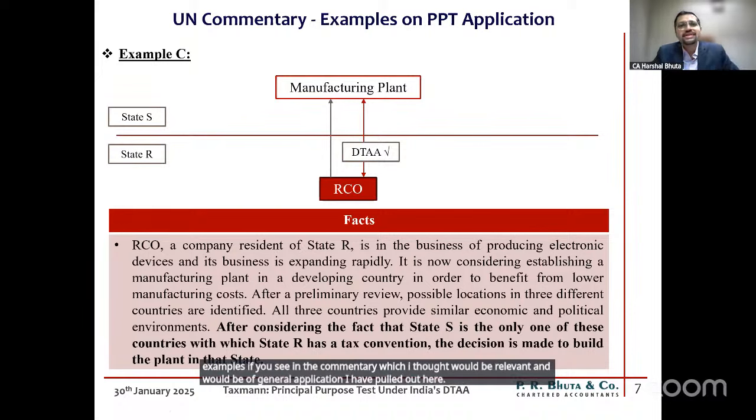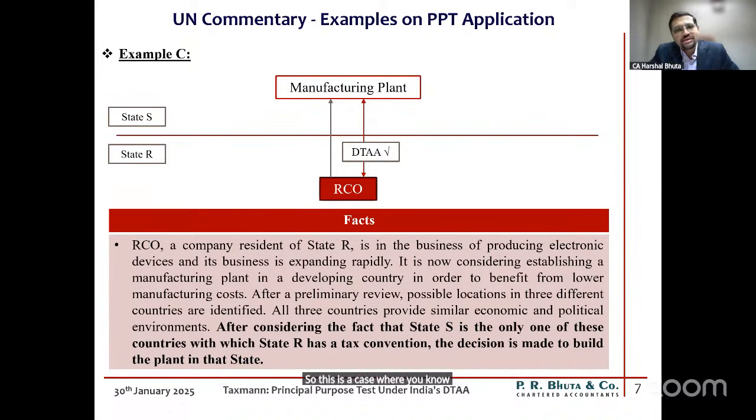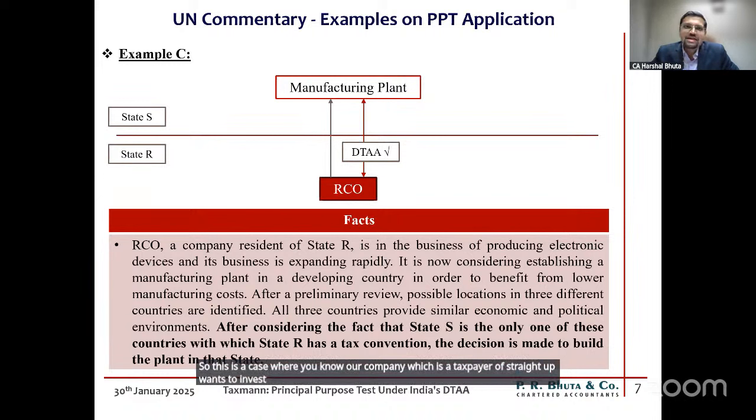This is a case where a company, ARCO, which is a taxpayer of state R, wants to invest and put up a manufacturing plant in other countries. Now it has selected 3 different countries.